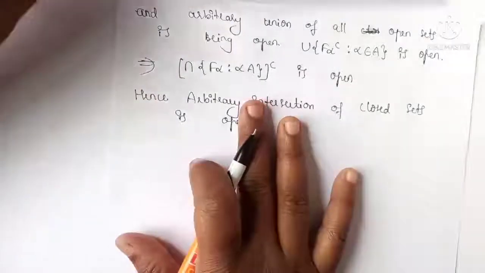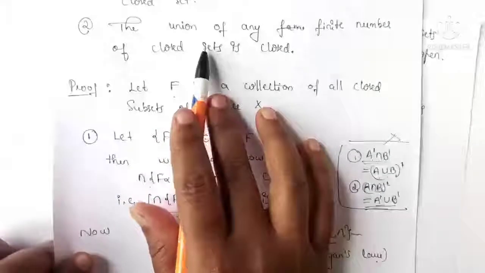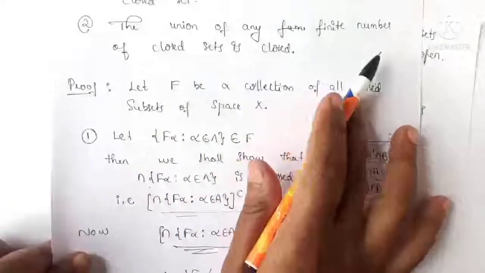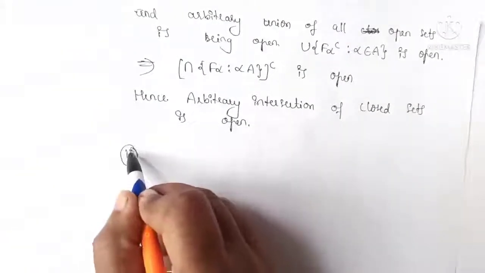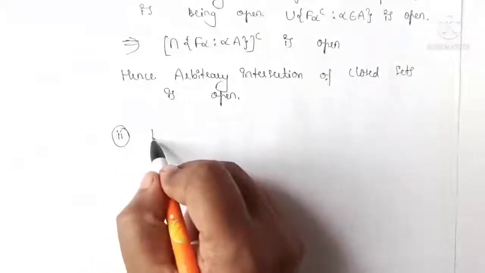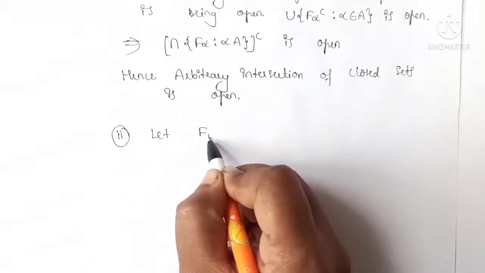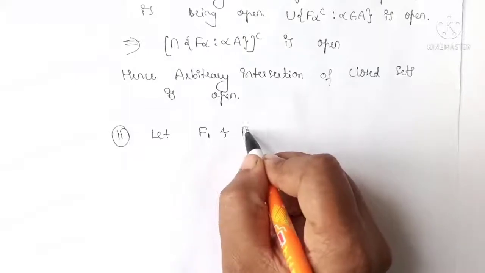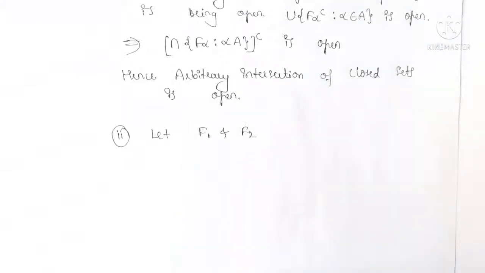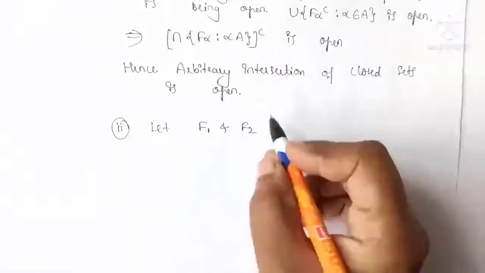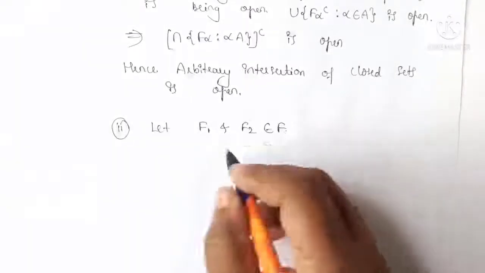Similarly, now we prove that the union of any finite number of closed sets is closed. That is for the second one. Let F1 and F2 belong to F, the collection of closed sets F alpha.